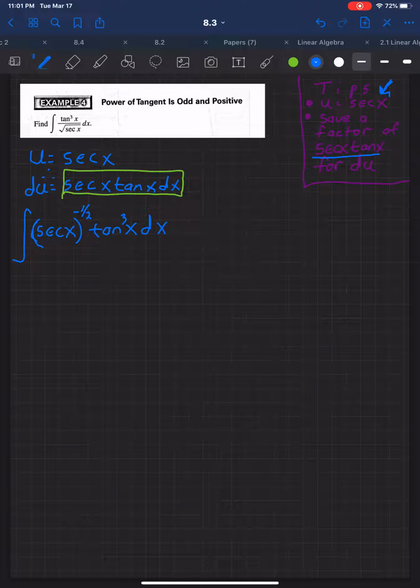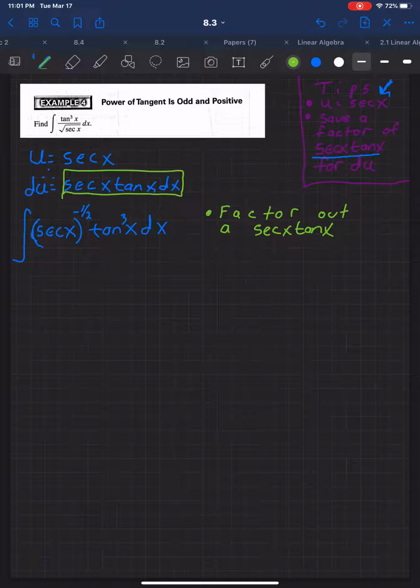All right, here's the part. As of right now, if I'm going to follow these little tips, then I need to factor out a secant tangent, right? It's the only way I can secure that I'll have one for later.